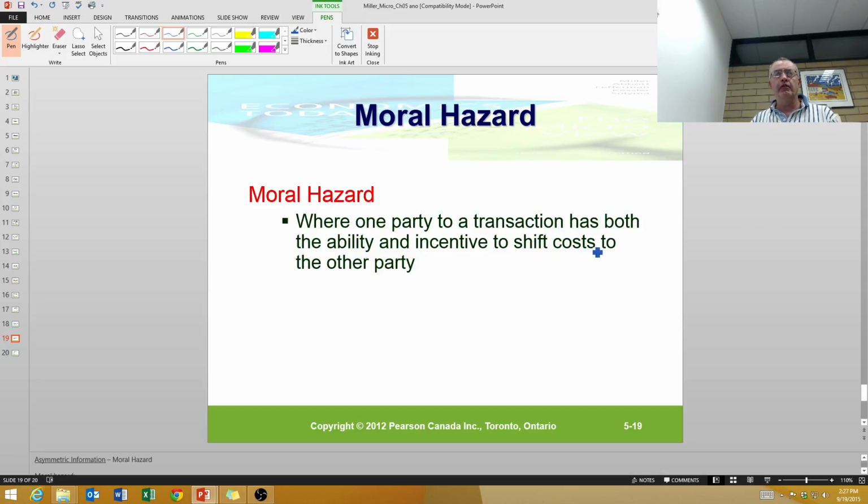So when we have a moral hazard, I think the example from the book is government subsidization of loan losses.